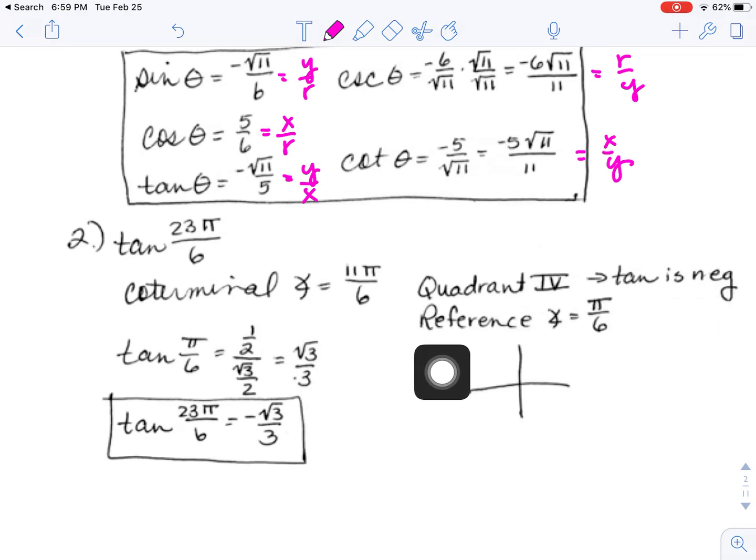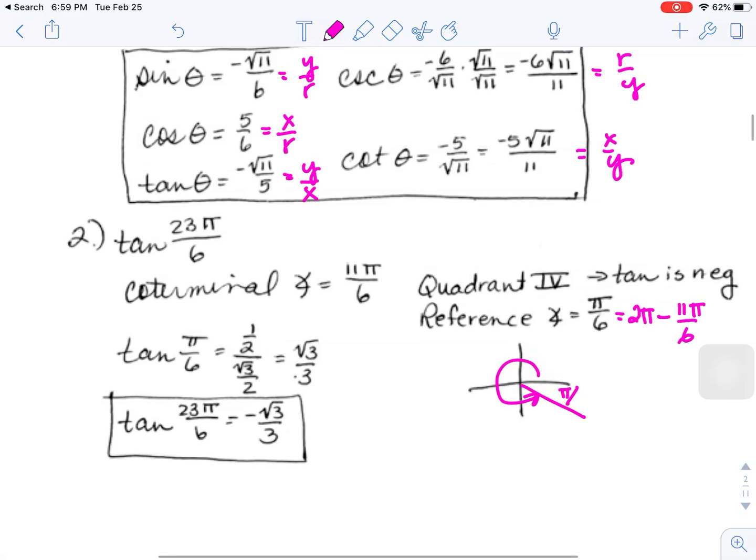So in quadrant 4, I was able to find my reference angle by doing 2 pi subtracting 11 pi over 6. That's where my angle is. And 2 pi is 12 pi over 6. If I subtract 11 pi over 6, I find my reference angle is pi over 6.